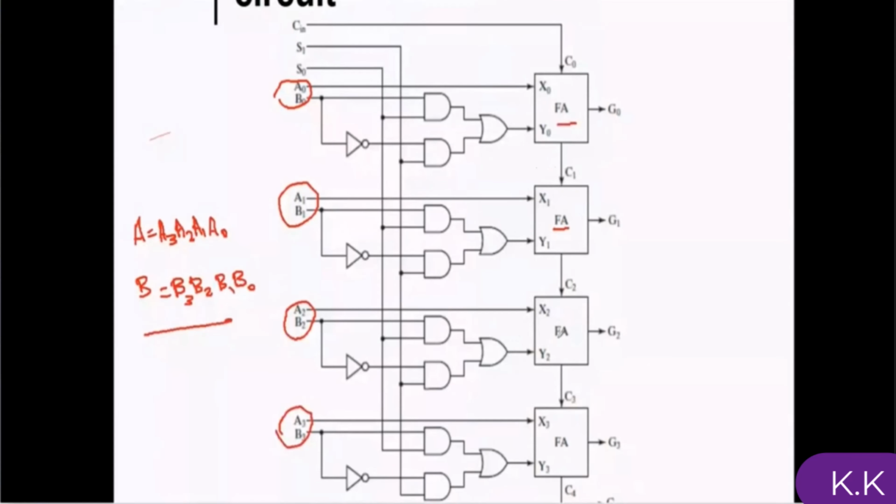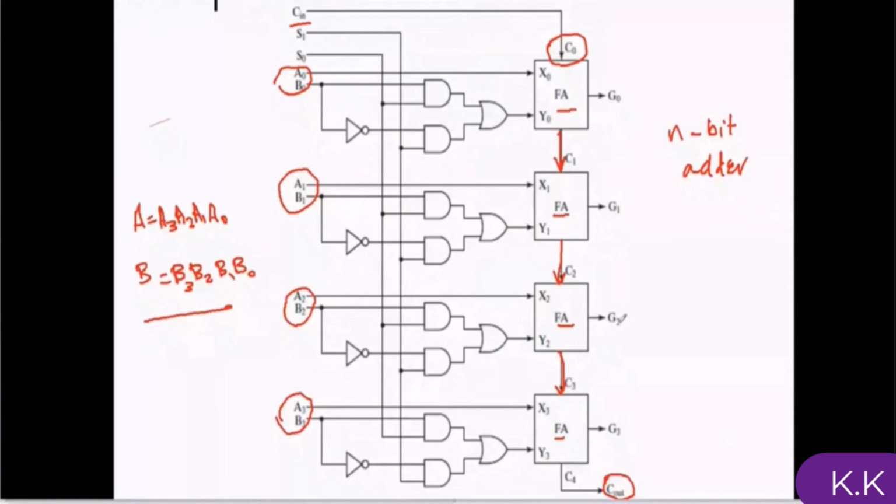To each of these levels I give 2 bits, a0 b0, a1 b1, a2 b2 and a3 b3. Each pair is given to a full adder. And as you can see, the carry of one level is coming to the next level. So this is the way that you can create a simple n-bit adder.